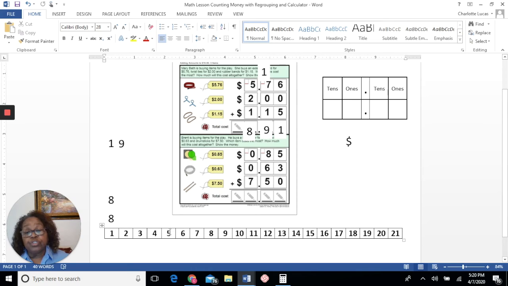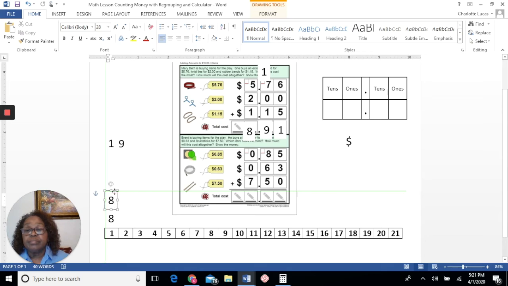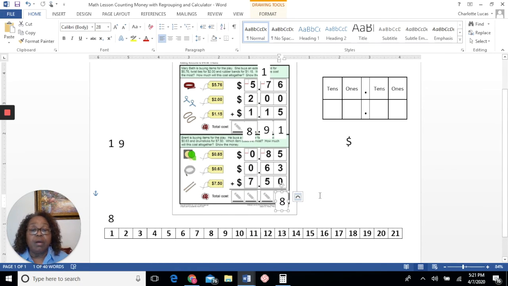We're going to start at 5 and add 3. We're going to move to the right, but we're not going to start counting until we move. So 5, add 3. 1, 2, 3. 5 plus 3 will equal 8. So let's put our 8 under the ones place, because that's where we are.